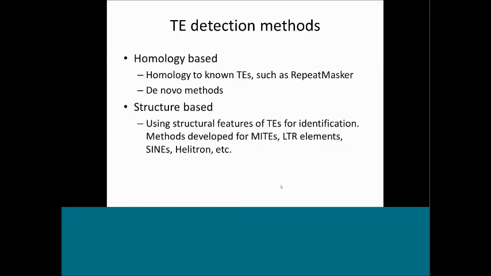It is just based on homology of the unknown sequences among themselves. If they have homologous sequences in the genome and appear to be repetitive, they are considered to be repetitive sequences. The second method is called structure-based. That means using known structural features of transposable elements, for example, the terminal sequences. This method has been developed for MITEs, miniature inverted-repeat transposable elements, LTR elements, SINEs, and helitrons.